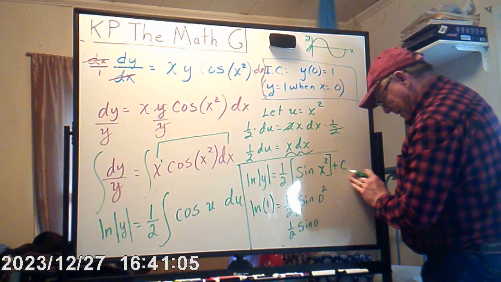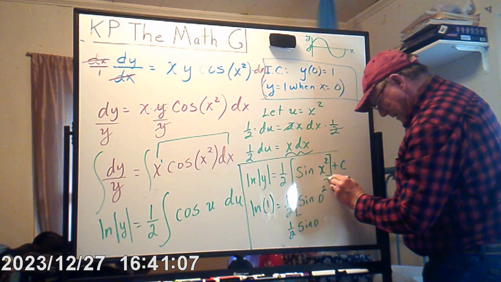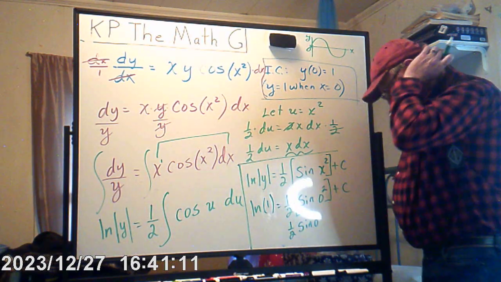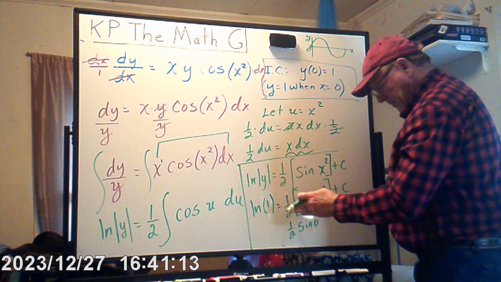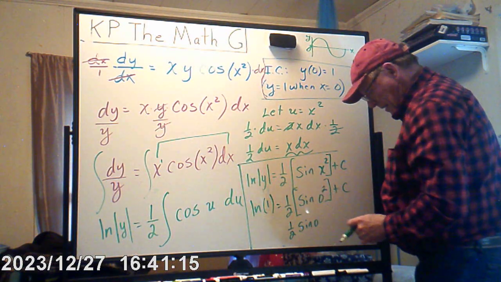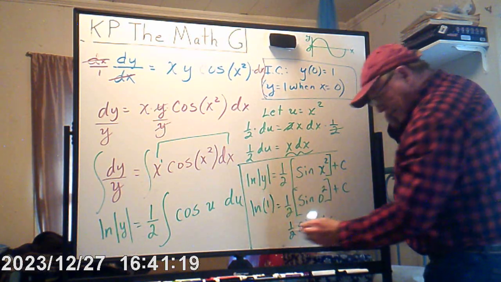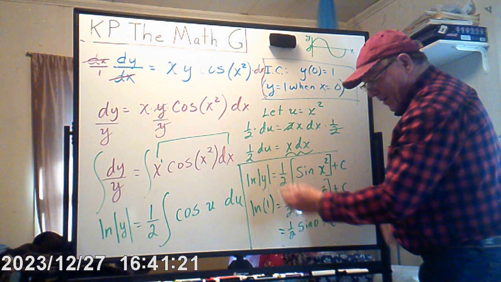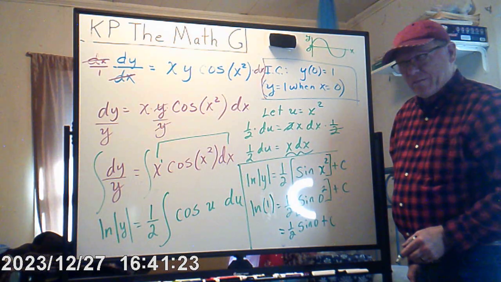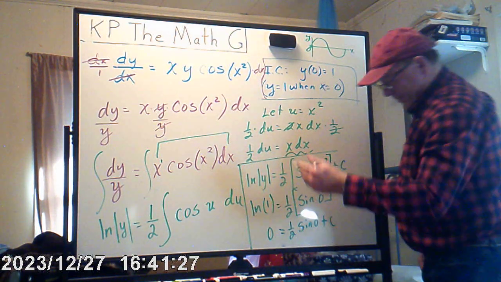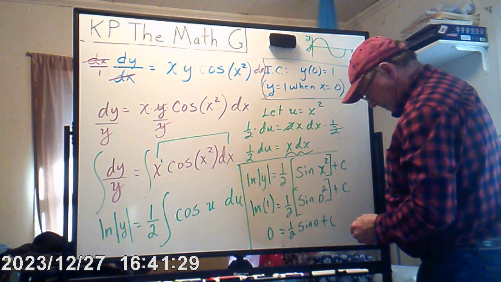It needs to be on the outside like this. Okay, plus c. The 1/2 belongs to this. Okay, so plus c. Alright, is equal, ln of 1. ln of 1 is 0. And you can punch that in on your calculator.